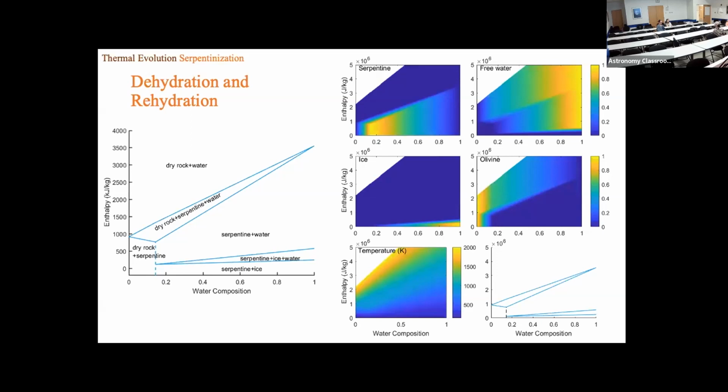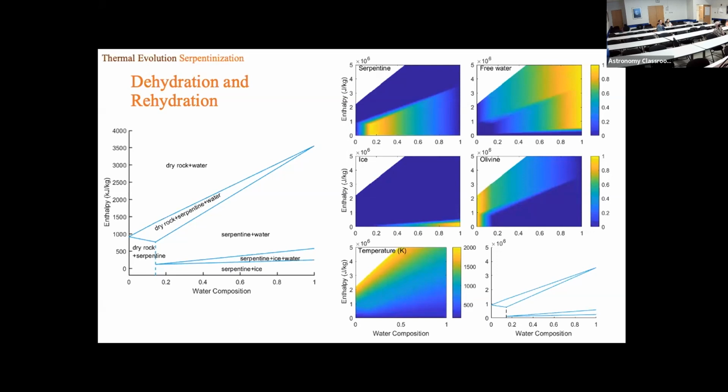Now here is the phase diagram we are using. We consider phases like dry rock, which is all olivine plus water when the temperature is very high. We didn't consider the critical point behavior of water yet, so we always treat it as room temperature water, which is not real, but could be modified later.